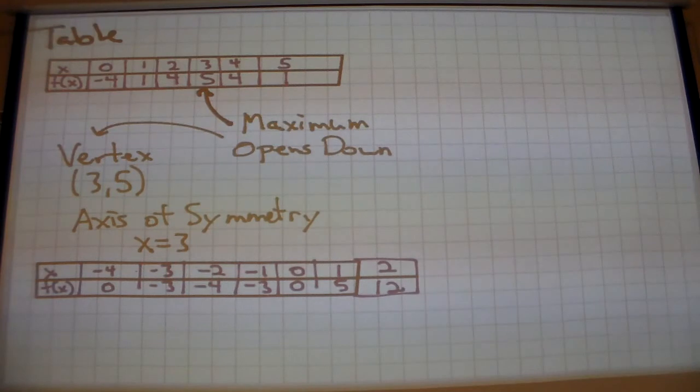We go from -4 to 2 on the top row, and then the bottom row, 0, -3, -4, -3, 0, 5, 12. Okay.